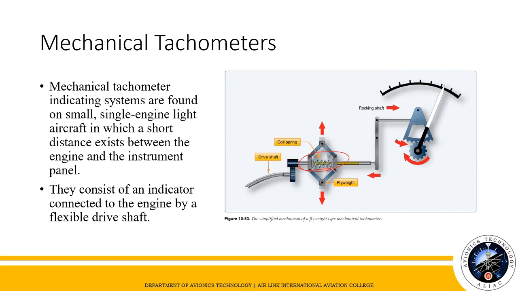Katulad ng mga Cessna. So, they consist of an indicator connected to the engine by a flexible drive shaft. Kung nakikita nyo dito, flexible drive shaft yan. Wire yan, example from the engine papunta sa instrument. Pero hindi naman sobrang flexible. Basta flexible lang siya.